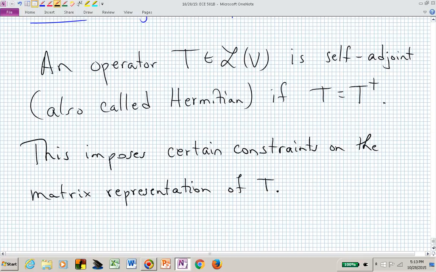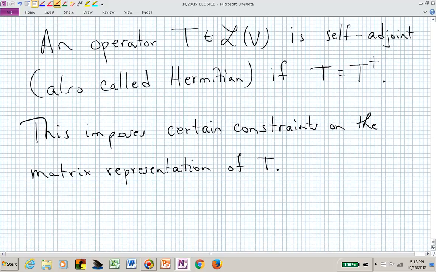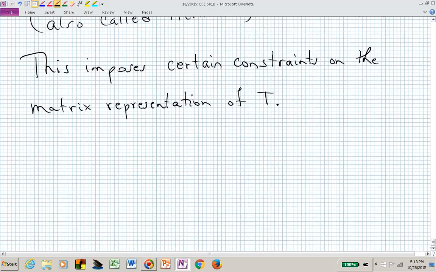What do we know if we have a self-adjoint operator? What kind of constraints does that impose on this matrix representation of that operator? What do we know the matrix must be in terms of its shape? Needs to be square.